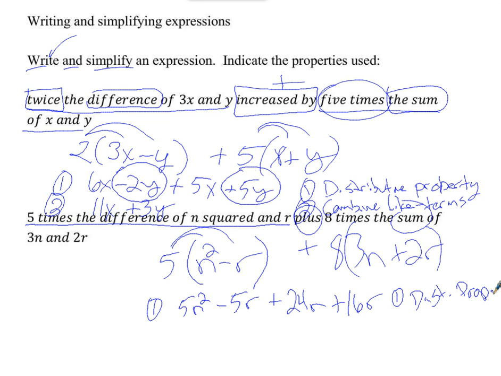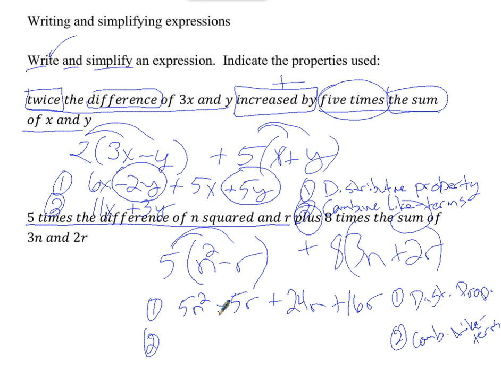Okay, next step. All right, if we have like terms, combine them. Do we have like terms here? Okay, so I'm going to write step 2, and then I'll combine those like terms, and over here, I'm going to write combine, abbreviated, like terms. Okay, I see this 5n squared here. Do I have any like terms of 5n squared?